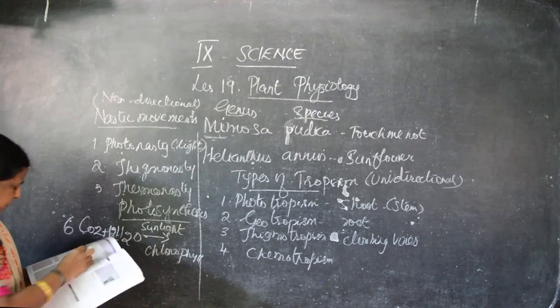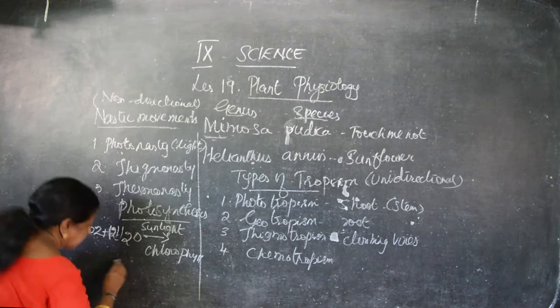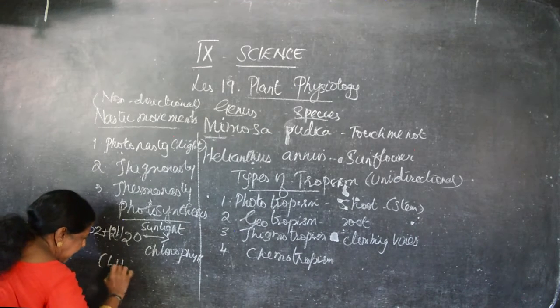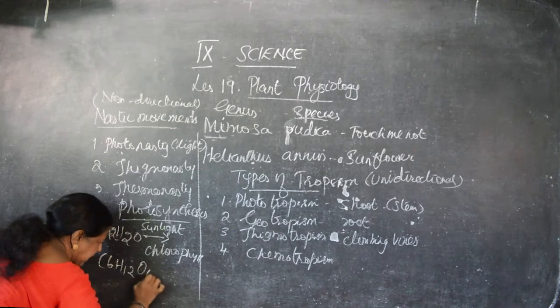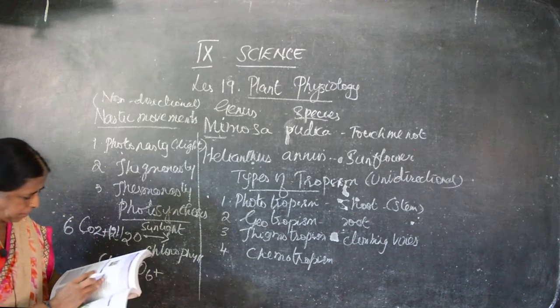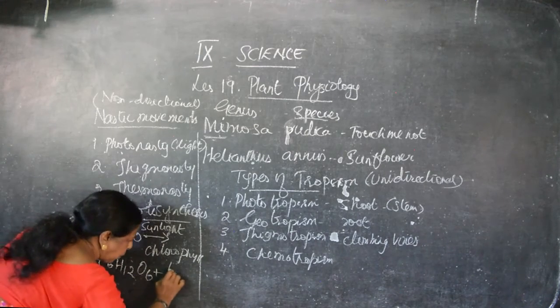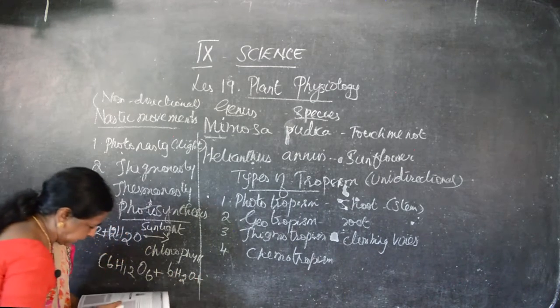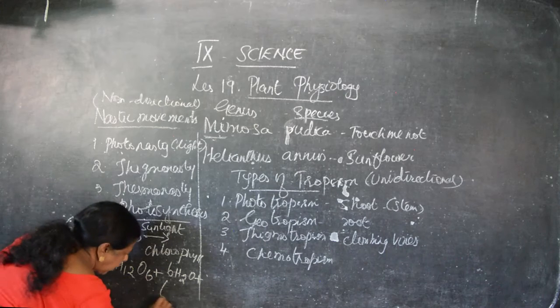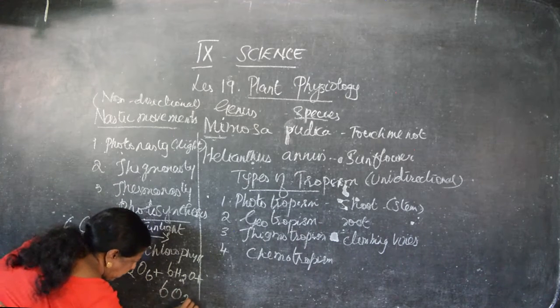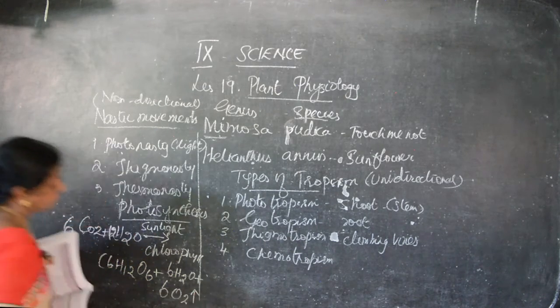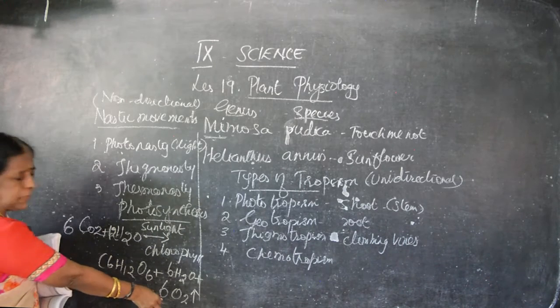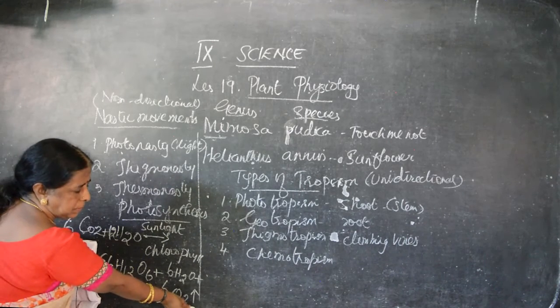So after the production, they got the starch, that is C6H12O6 glucose, then 6H2O, 6 molecules of water, and then oxygen, 6 molecules of oxygen. If the arrow mark is upward, that is gas.